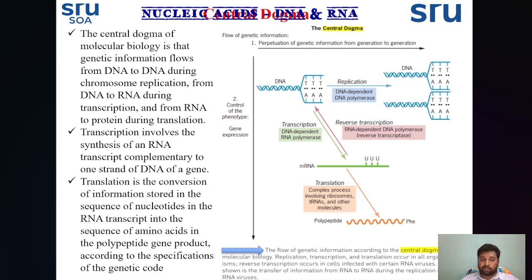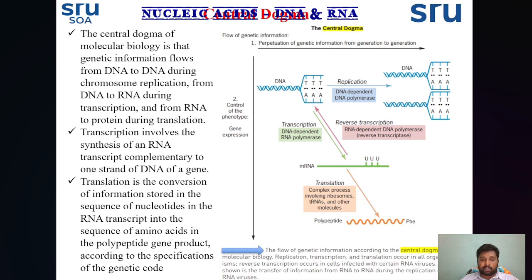So listen carefully. Crick proposed that information present in DNA is transferred to RNA, and then from RNA it is transferred to proteins in the form of amino acid sequences. And this information does not flow in the reverse direction, that is from protein to RNA, RNA to DNA.